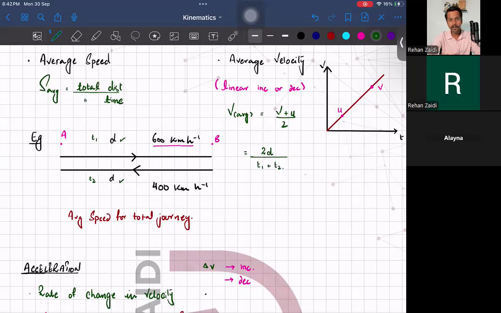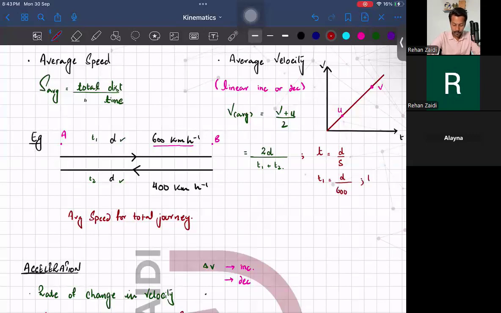Now, what about the total time? What about the times T1 and T2? So let's find out T1 and T2 first. If I talk about T1, according to the basic formula, time should be distance over speed. So similarly, T1 could be written as the distance was D, but the speed was 600.